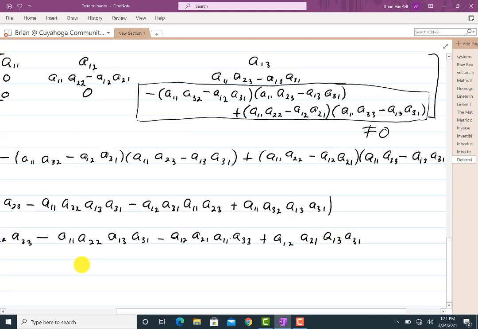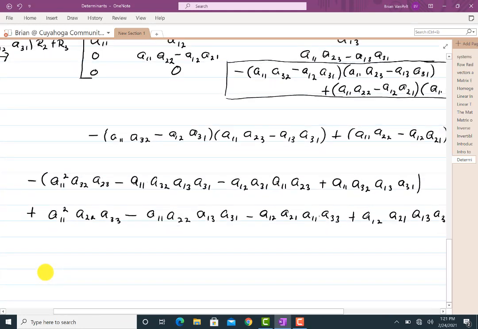All right, and let's see if anything will cancel with each other. So I see I got some A11 squared. That's nice. I know from having done this in the past, I need some terms that do not have an A11 in them.